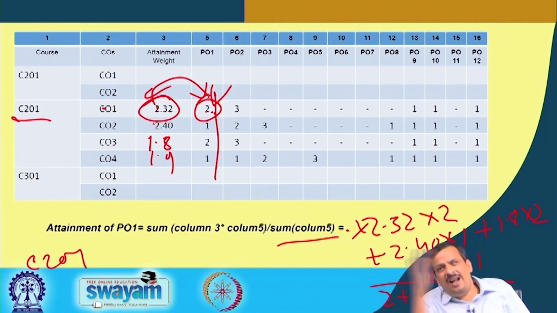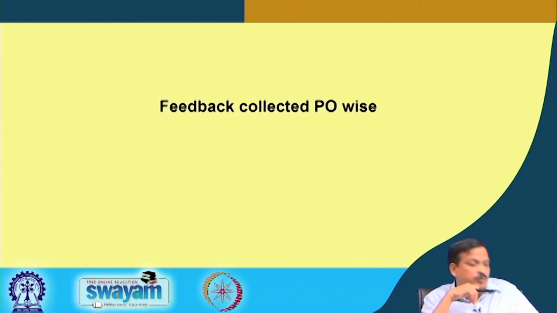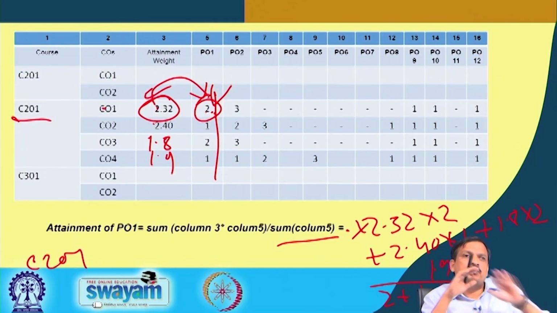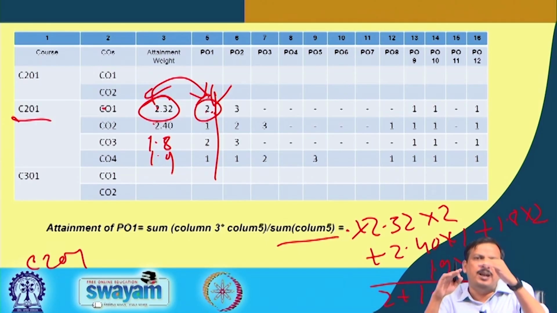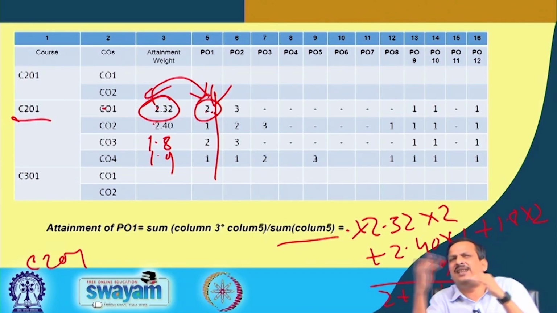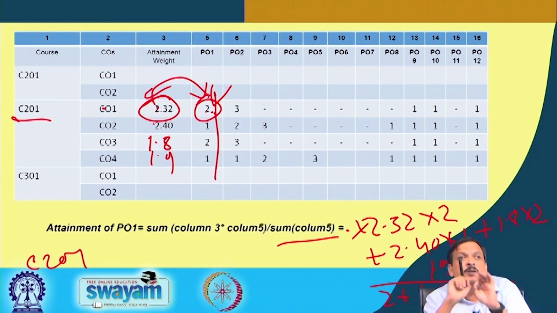Similarly, based on the alumni feedback also I can develop the same thing. So, I can develop PO attainment from the exit survey, alumni feedback, and also if I take the feedback from the employer course wise, no problem, but it is very difficult to collect feedback course wise from the employer.